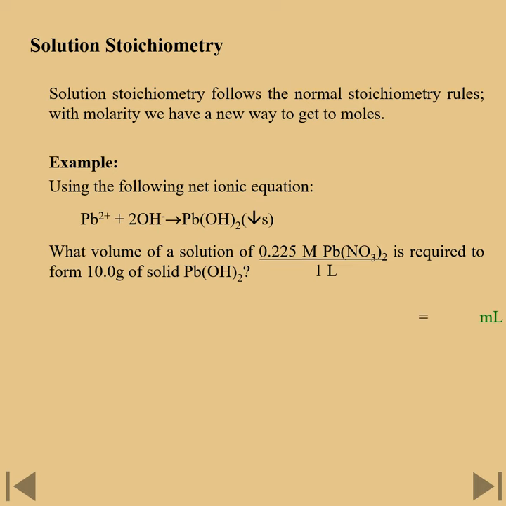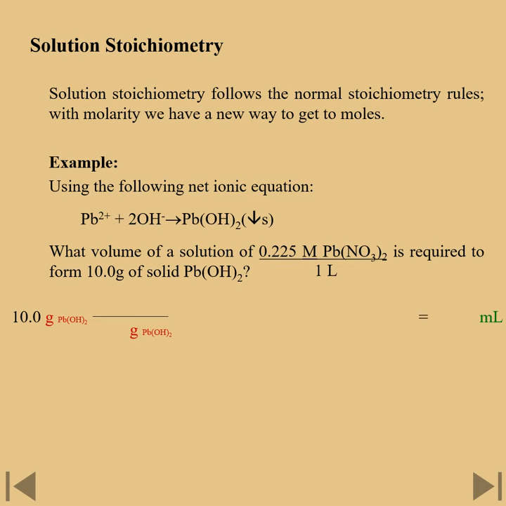I'm going to put milliliters. Step 2, now we can see only one number has a single unit, and that's the 10 grams of the lead 2 hydroxide. And on to the beginning of step 3, out of grams of lead 2 hydroxide.